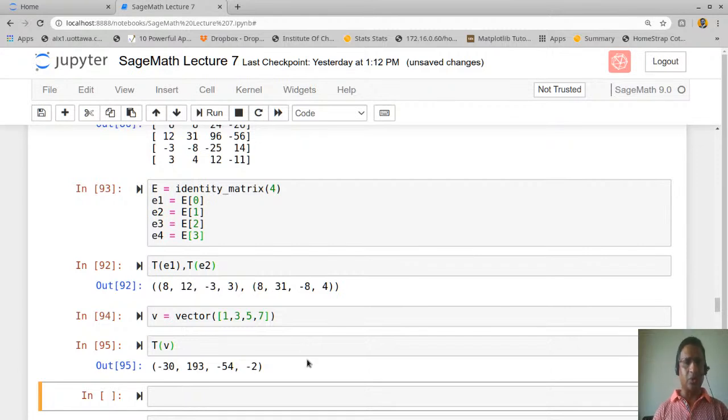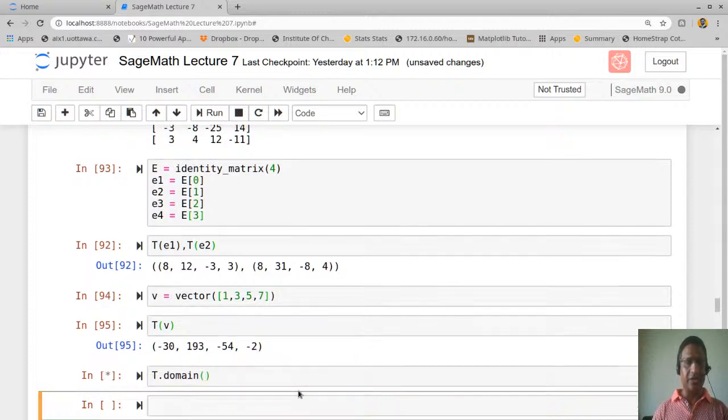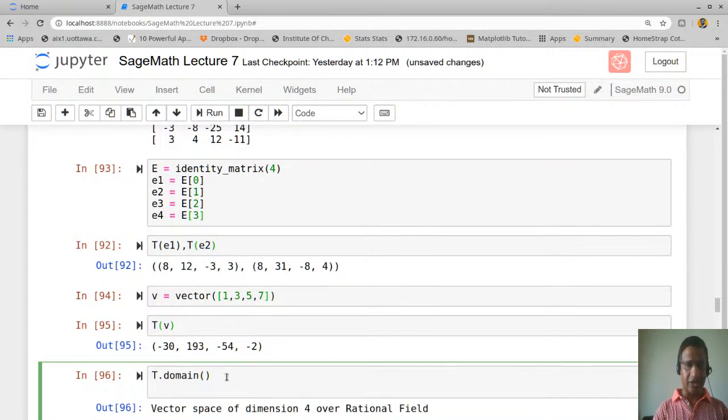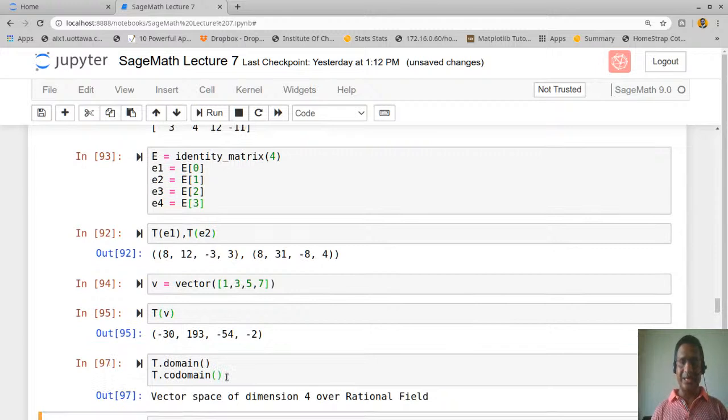You can find out the domain of T, that is Q4. Similarly, we can find the codomain, again in this case it is Q4. T is a linear transformation from Q4 to Q4, so domain and codomain are both the same.